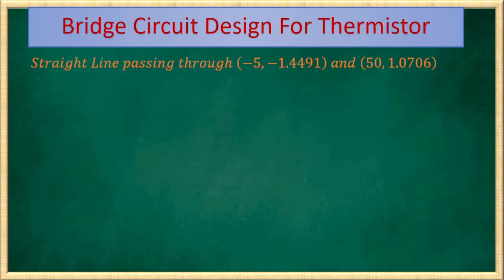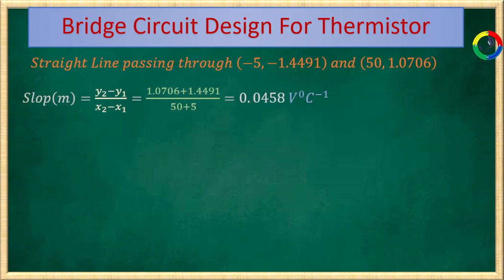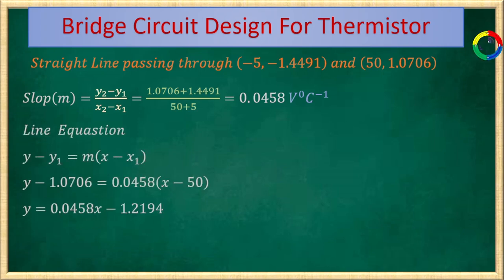Now let's find the slope, which equals 0.0458 volt per degree centigrade. Now find the equation by using one of the points and get this one. Y equals 0.0458 x minus 1.2194.